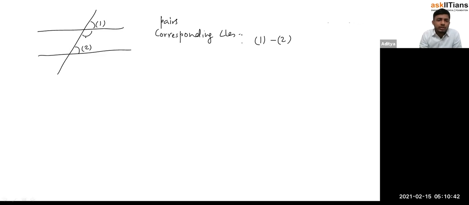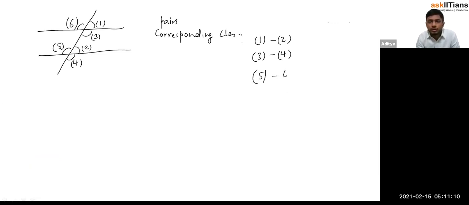Apart from this, angle 3 and angle 4 are also forming a pair of corresponding angles. Similarly, angle 5 and angle 6, let us name it 6, for example, since we have already used the number 4. So 5 and 6 also do the same. And finally, 7 and 8 are also forming a pair of corresponding angles.